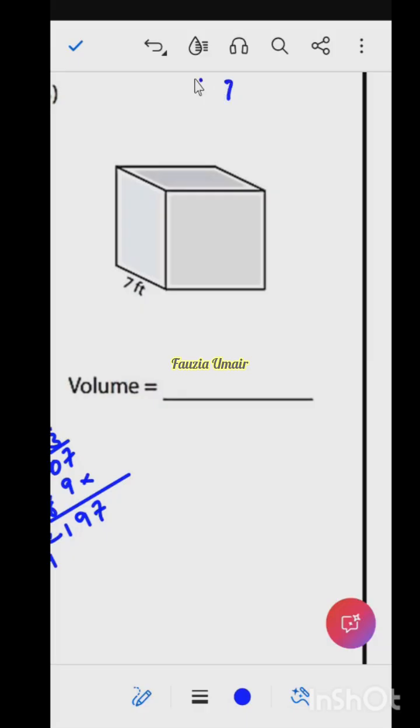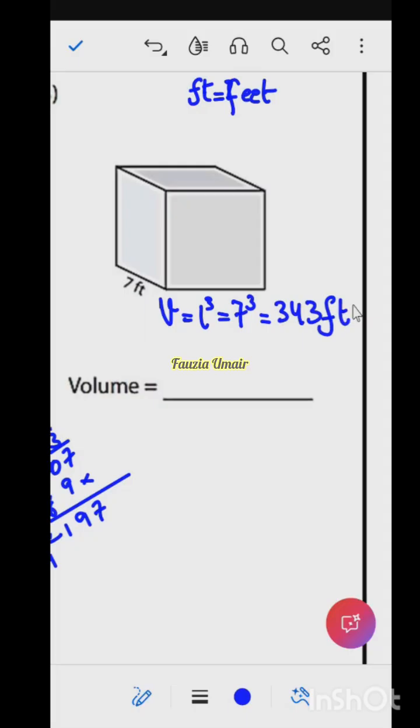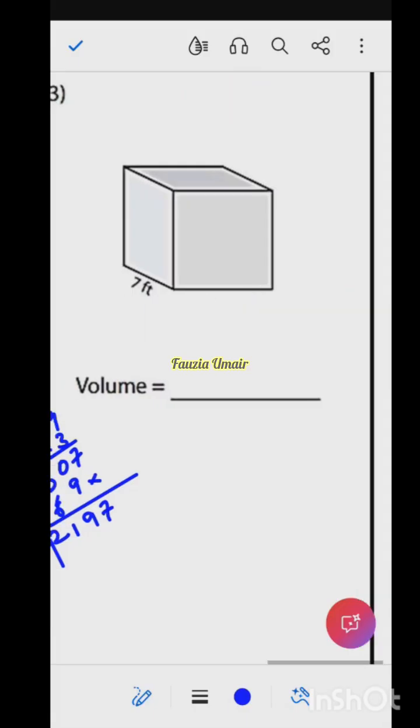Volume is equal to L cube, that is 7 cube, equal to 7 multiplied by 7 multiplied by 7. अगर आपको पता है, क्योंकि आपने क्यूबिक नंबर्स याद किए थे, what is 7 cube, I think it is 343. So you can write down the answer directly and the unit would be feet cube. 7 square is 49. 7 cube is 343. ठीक है बेटे? Right?